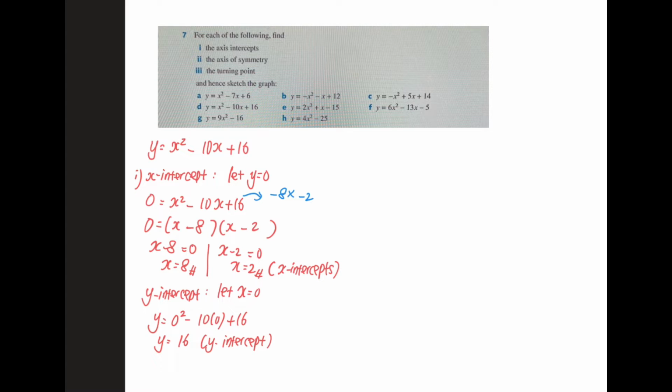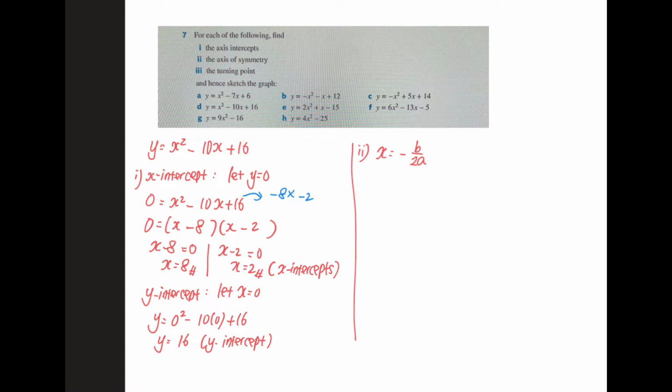Now part 2, the axis of symmetry. That is a formula which is x equals minus b over 2a. We look at the function here: a is 1, b is minus 10, c is 16.